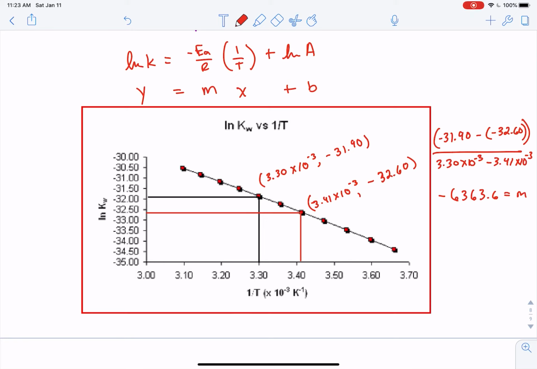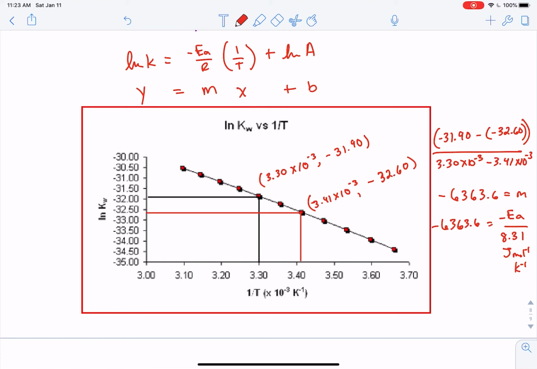That's the slope of the line. According to our equation up here, that value is equal to negative EA over R, where R is 8.31 joules per mole Kelvin. Units are really important.